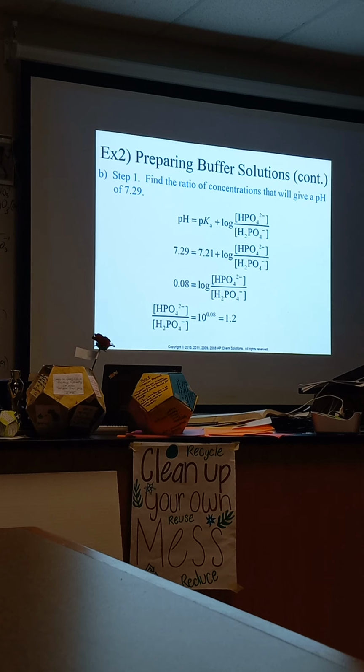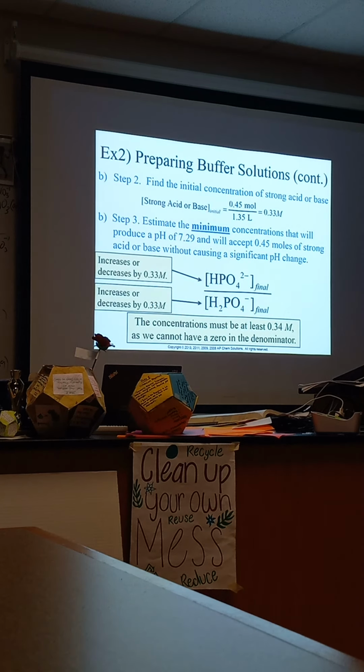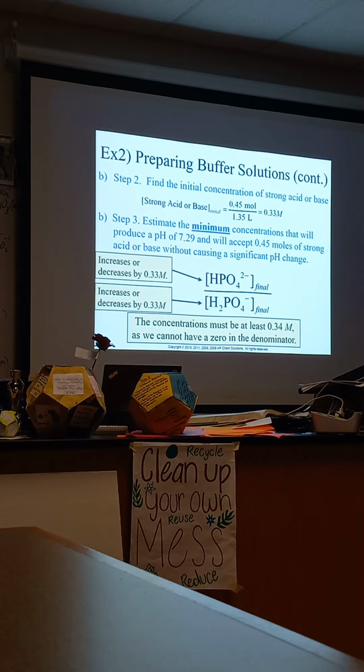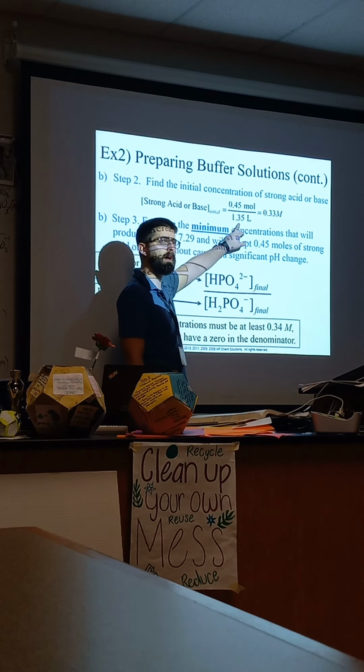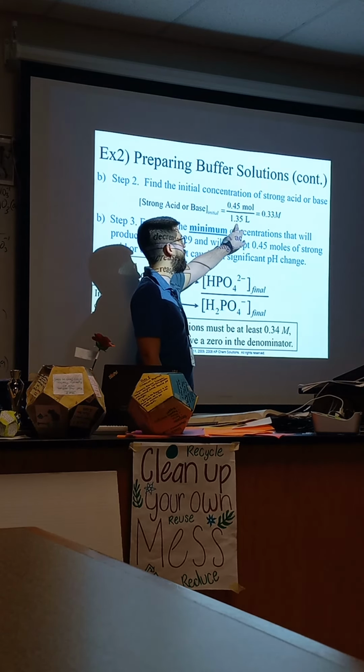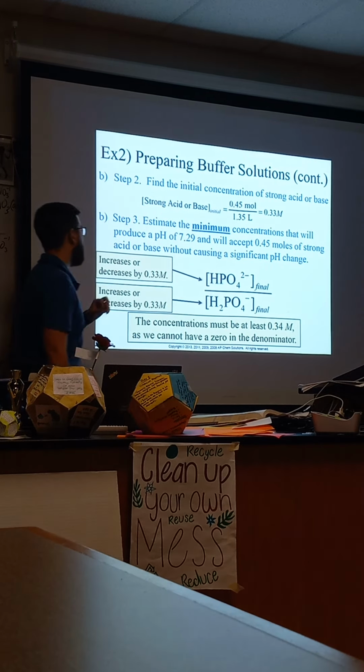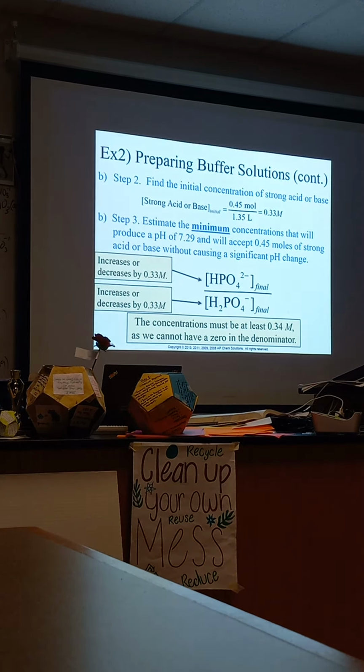All right, guys, here we go. So, guys, as you can see, we're gonna take the 0.45 moles and divide it by 1.35 liters. That's going to give us 0.33 molarity. But guys, are we allowed to use exactly 0.33? Nope.